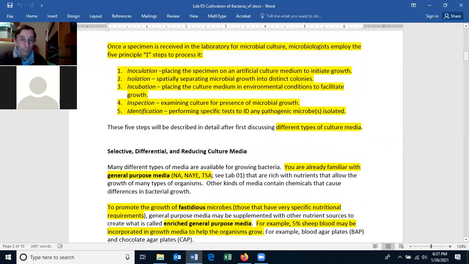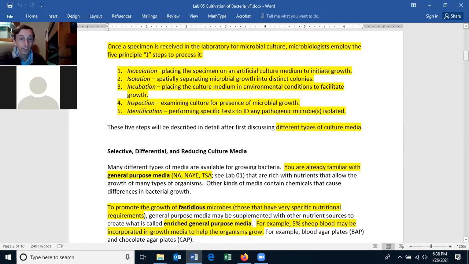First, inoculation, isolation, incubation, inspection, and then lastly, identification. 1. Inoculation is placing the specimen on an artificial culture media to initiate growth. 2. Isolation, spatially separating microbial growth into distinct colonies. 3. Incubation, placing the culture media in environmental conditions to facilitate their growth.